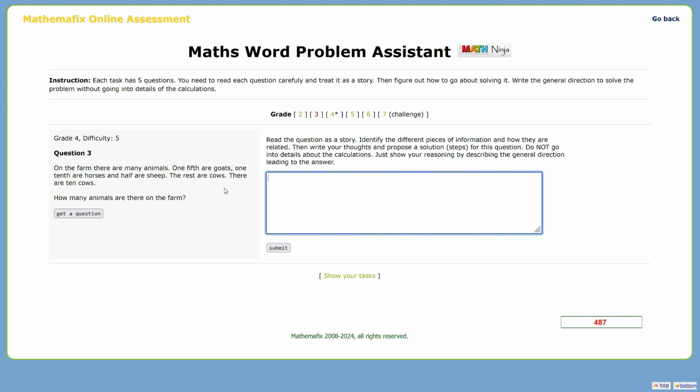So I think the idea here is we need to work out the fraction for each type of animal. Okay, so we will need to find the fraction for each type of the animals.